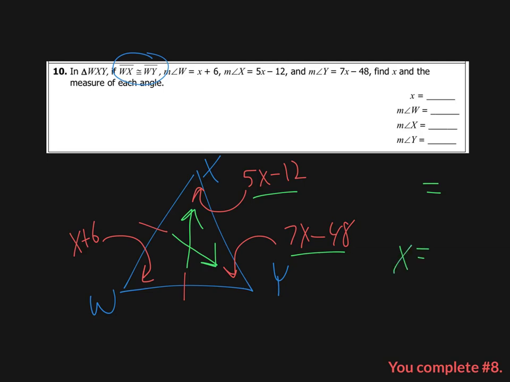I'm going to solve for x, and I'm going to place that here. Then I'm going to take that value of x and substitute it into each of the angles and get the 3 angle measurements. Now if things work out correctly, these 3 values should add up to be 180. And that's how you'll know if you're right. Now you can finish that one up.